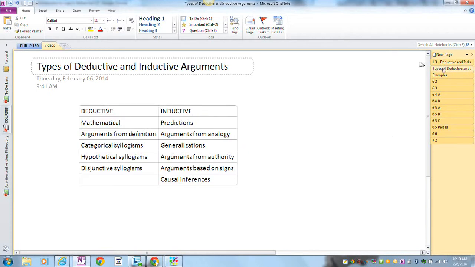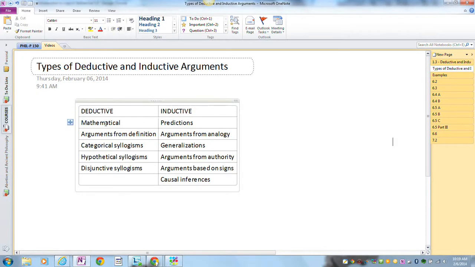Our textbook is also very good about classifying types of deductive and inductive arguments. There are types of arguments that fall into one or the other category. So if you're familiar with those types of arguments, then you will know automatically whether the argument is deductive or inductive. You can review this in the textbook.